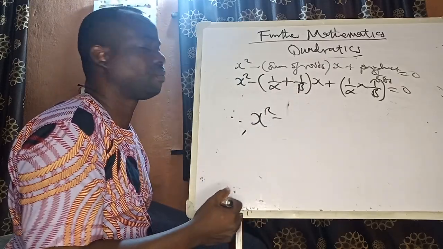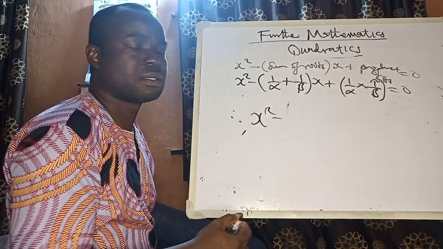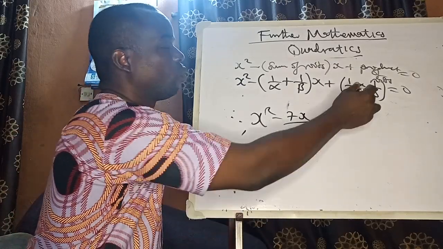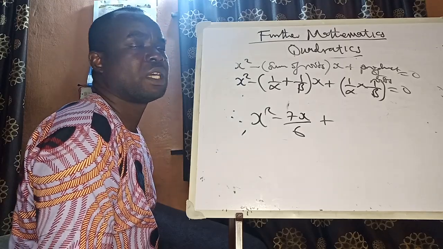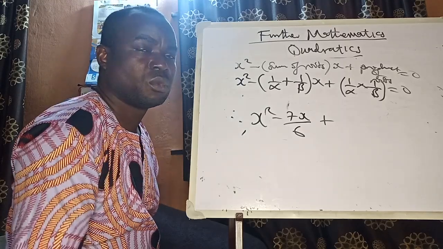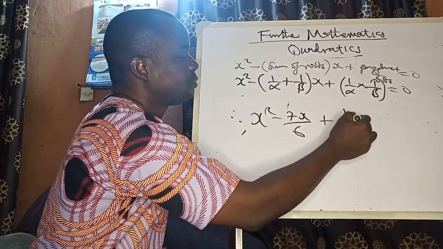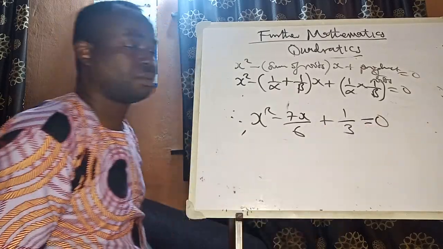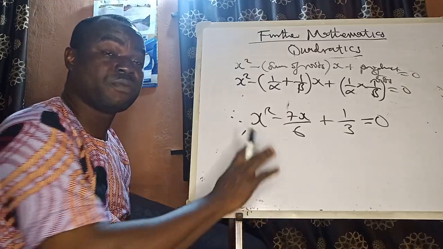We got 7 over 6. So 7x over 6. What do we get as our 1 over alpha times 1 over beta? We got 1 over 3. So plus 1 over 3 is equal to 0. See how to do it now? But this is not the final answer.